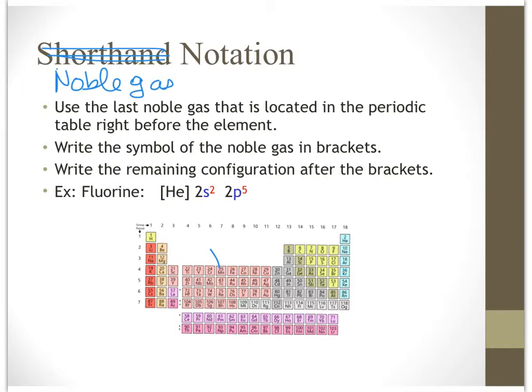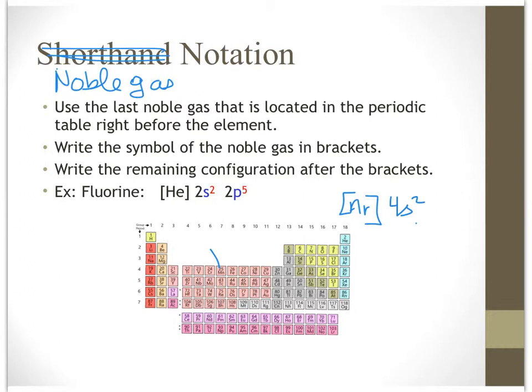So the first thing to do is write argon, Ar, in a bracket. Argon is in the third row, 1, 2, 3, which means that manganese is going to be in the fourth row. We're going to start with 4s2. So that gets us from 18 to 20 electrons.